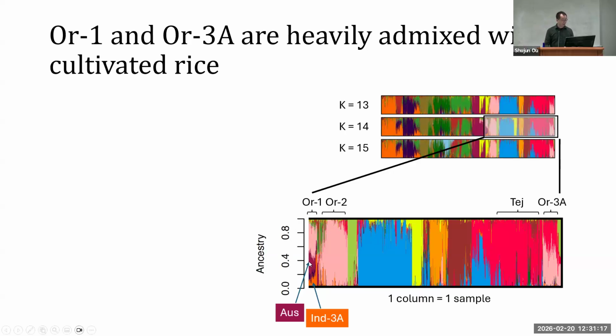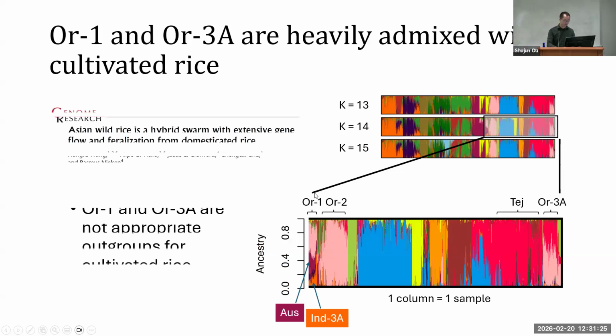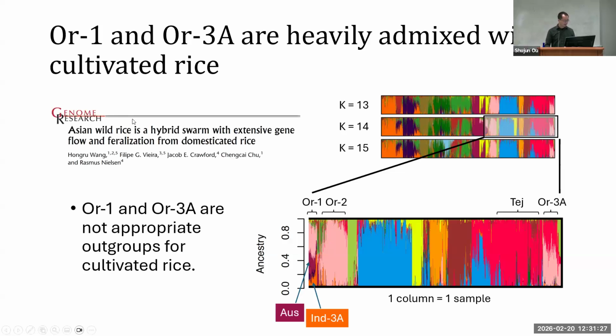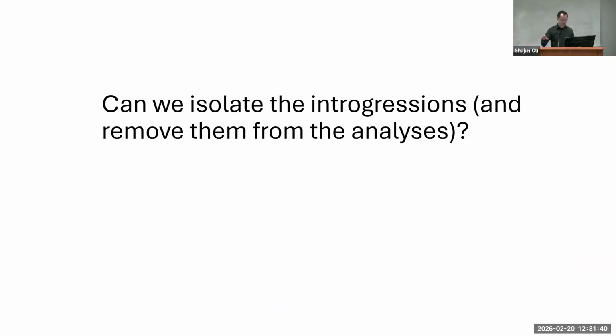So with this admixed or non-pure population, how do you believe the conclusion coming out of it is solid? So we decided to explore further, and it's also reported that wild rice is a hybrid swarm with gene flow from domesticated rice. So we want to partition that introgression and focus on the part that is actually wild rice. Can we isolate the introgressions and remove them from our analysis?